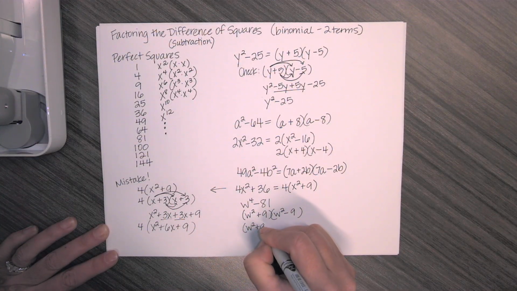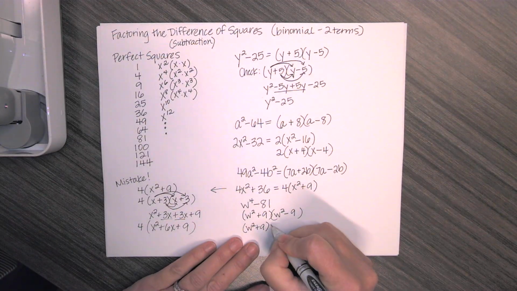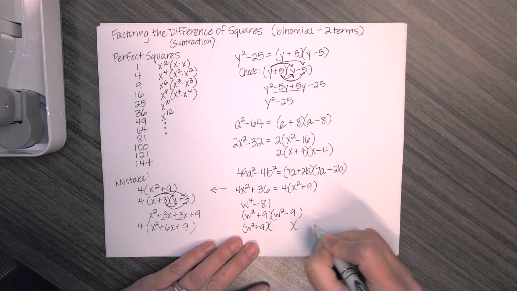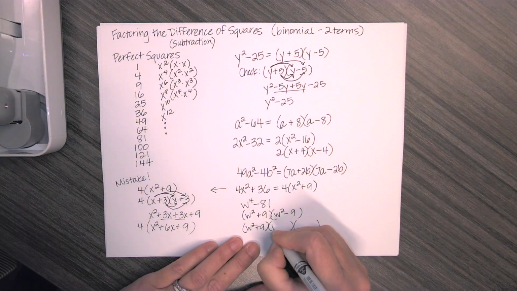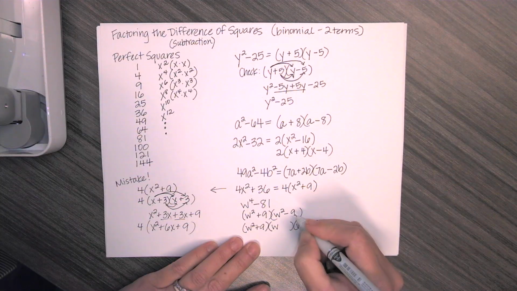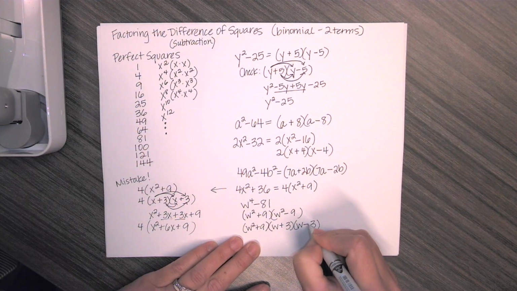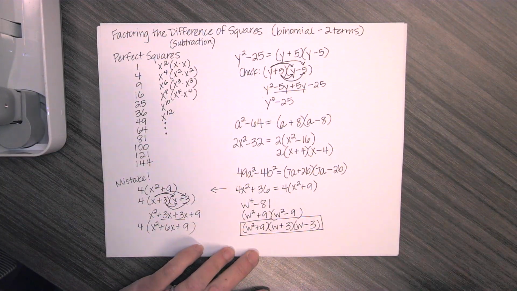So we're just going to bring that factor down as it is, but we're going to break down the W squared minus 9 because it's the difference of squares. W squared will break down to W times W. 9 will be 3 times 3. We'll have 1 plus and 1 minus. So this is our final answer on that problem.